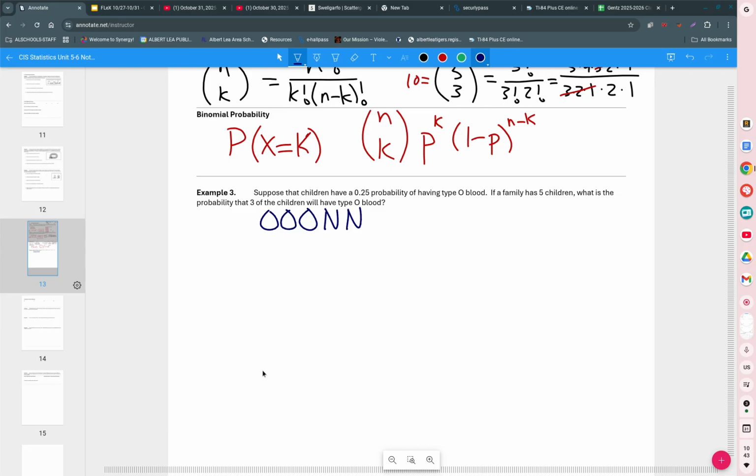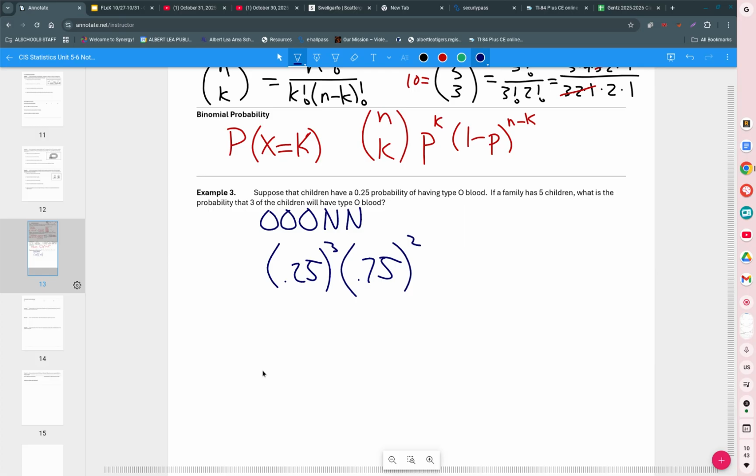The probability of type O is 0.25. Everybody agree? So we're going to have 0.25 to what power? The third power. What's the probability of not having type O blood? 0.75, and we're going to raise that to the second power.